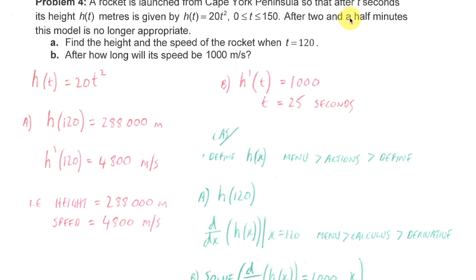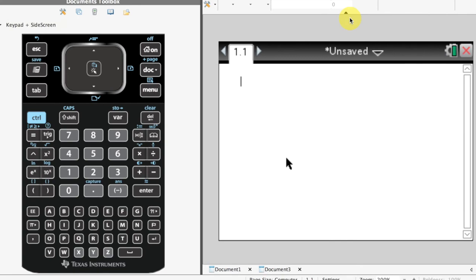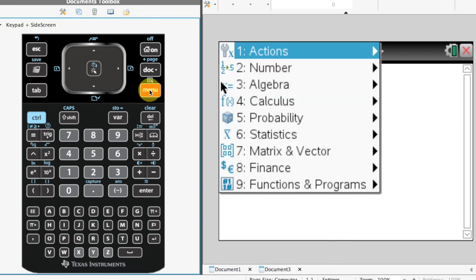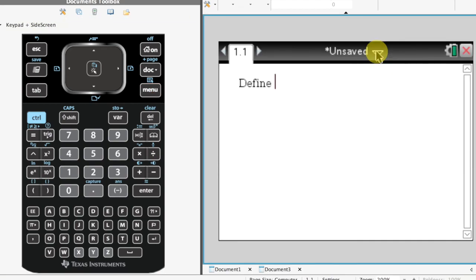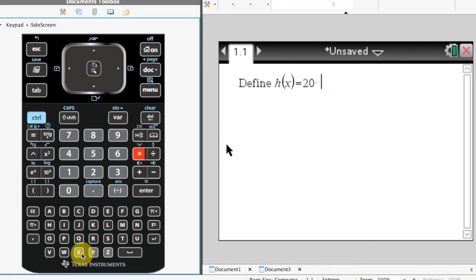Well, as soon as we get one of these kind of questions, what we should do straight away is define it in our CAS calculator. So menu, actions, define. And I want h. Now I'm not going to use the variable t, I'm going to use x. And this will ensure that I'll be able to graph it if I need to. So h of x is equal to 20 times x to the power of 2.